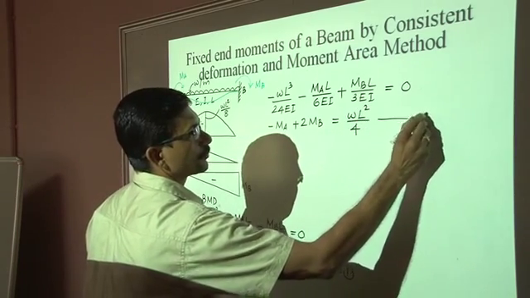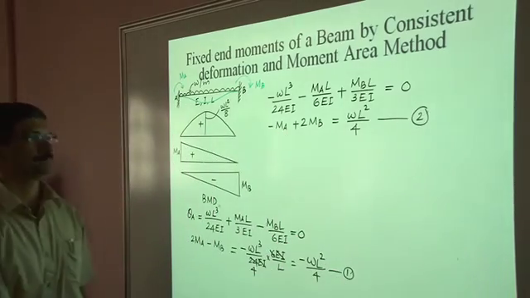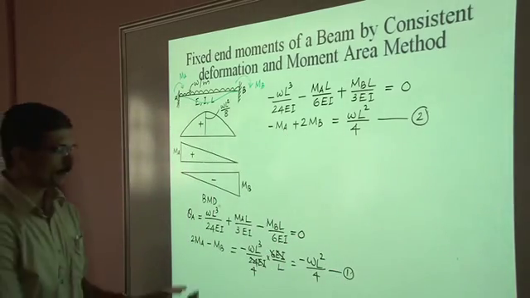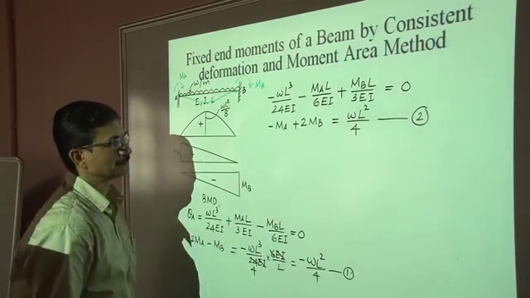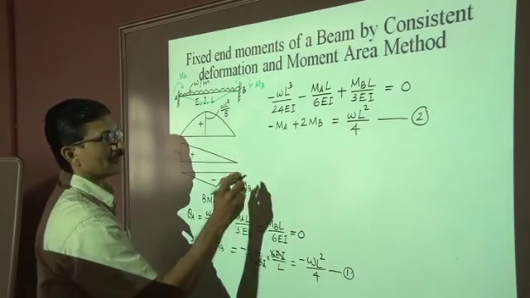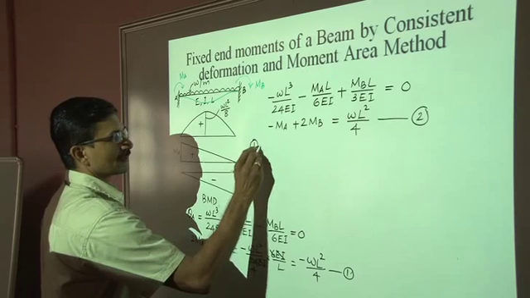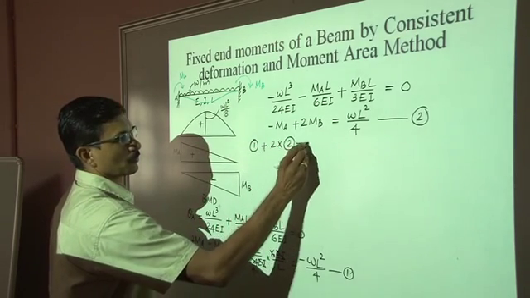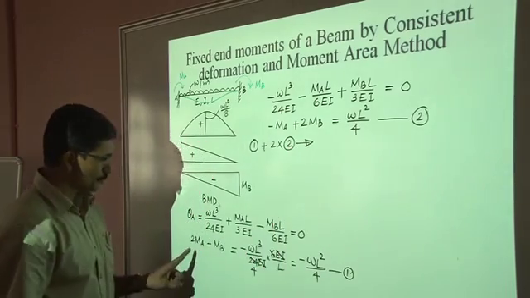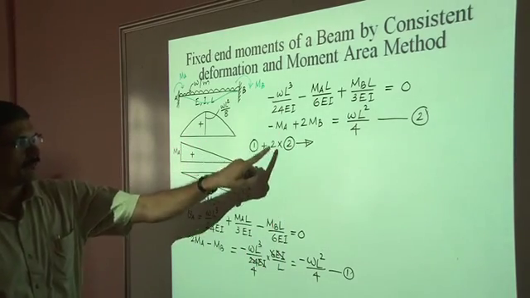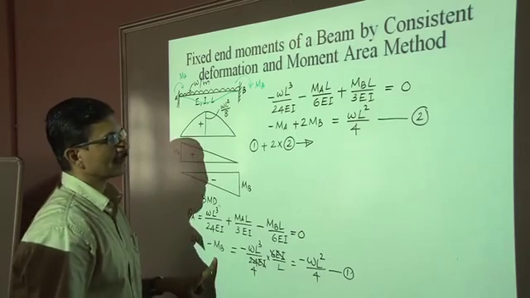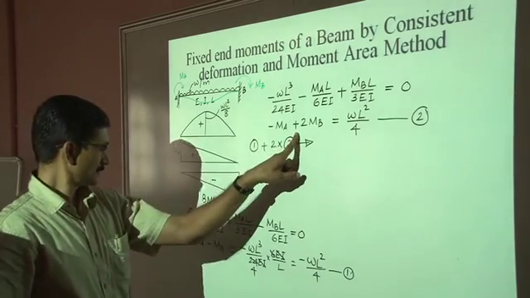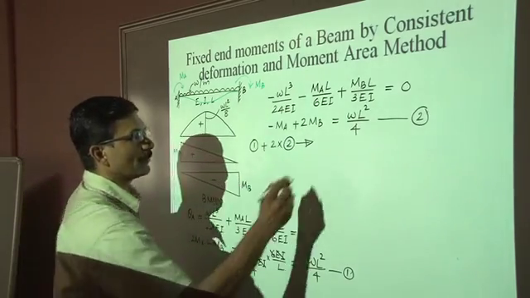Equation number 2. If we solve equation number 1 and 2, like say equation number 1 plus 2 times equation number 2, 2 MA minus 2 MA will cancel, minus MB plus 4 times MB would be 3 MB.